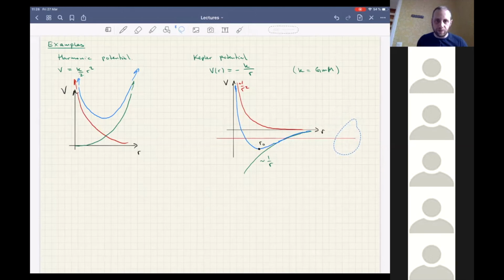When you say energy, you mean the potential or just the? No, I mean the total energy in the effective problem. Okay. So here you can move between those points. If you are at the classical turning points, the kinetic energy is 0, but the energy is always at this level. It's just that the difference here is the kinetic energy. Okay.